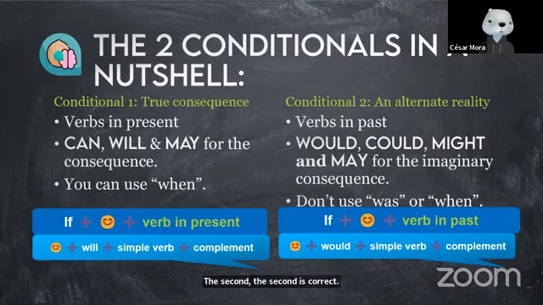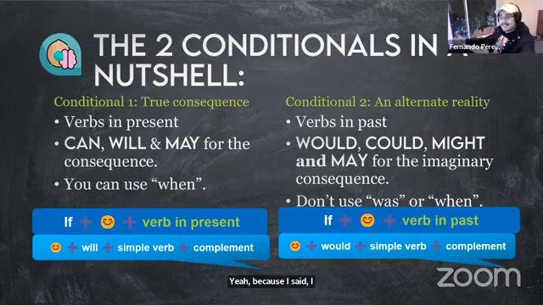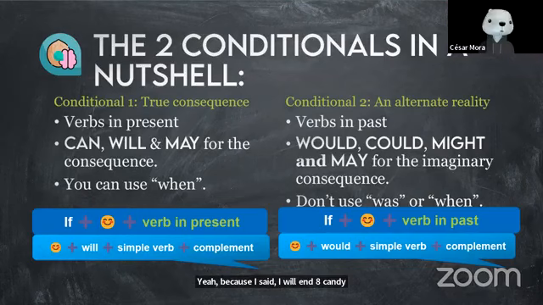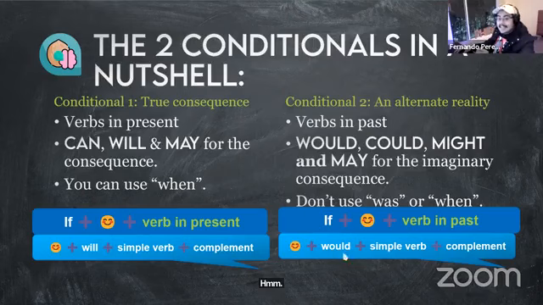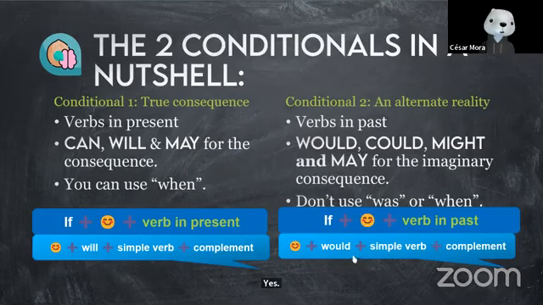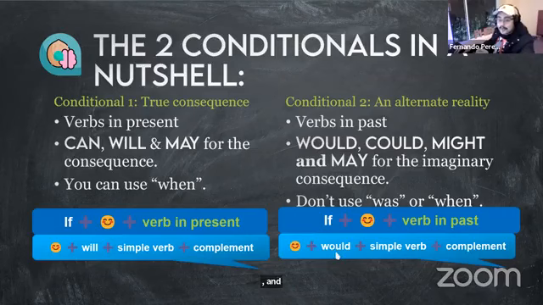Because I said I wouldn't eat candy. The second part is correct. But you say the verb is in past in the first section, not the second. The second part has would, and it's a rule that after would you need a simple form.